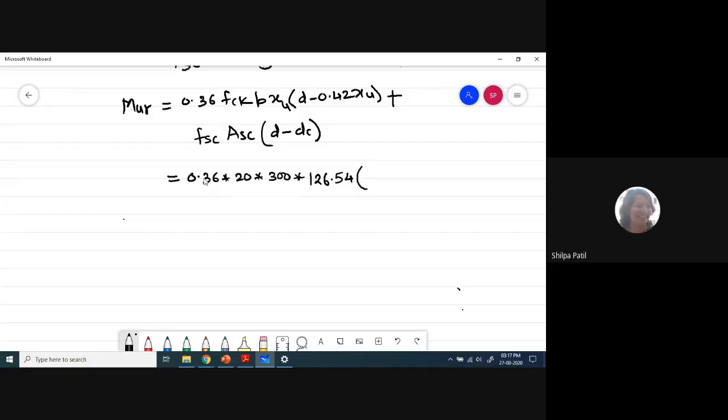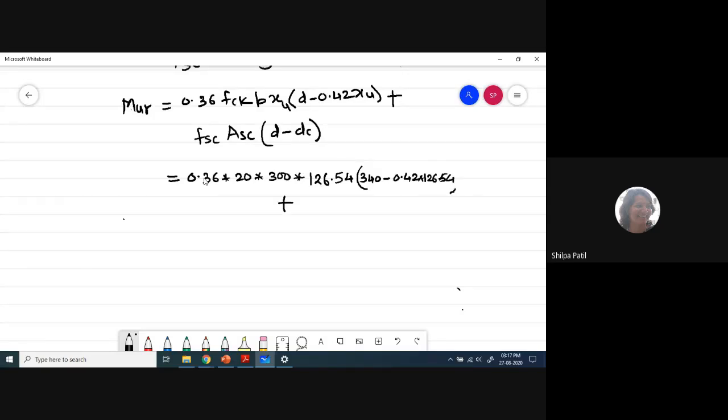Into bracket D is 340 minus 0.42 into 126.54. I hope you can understand whatever I'm writing.